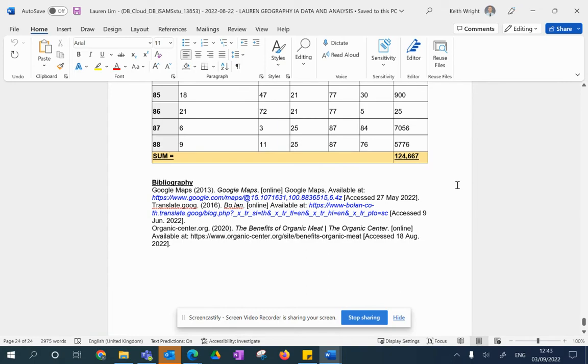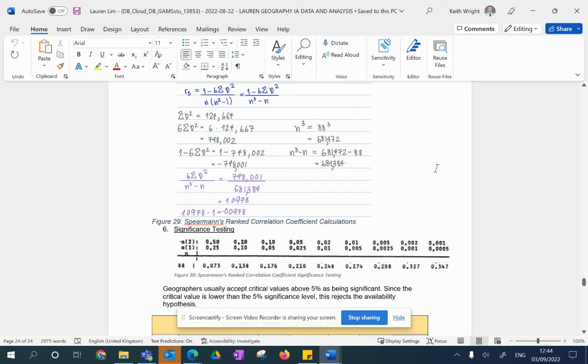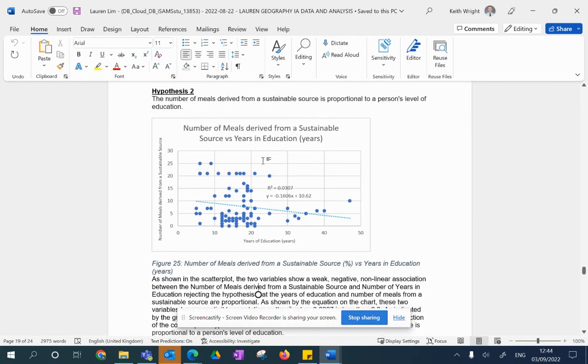Okay, and then we need explanation of that data. It looks like you've sort of ran out of steam a little bit there. You need to explain why there is no correlation. Just think about things like, why, if you've got a low number of years in education, are they purchasing more sustainable food? Why could that be? Is it because they think the food comes from a sustainable source, but it actually isn't, and they buy it from a market and assume that's completely sustainable? Or maybe the market does have some aspects of sustainability, such as the lack of packaging, or maybe putting apples and that in paper.